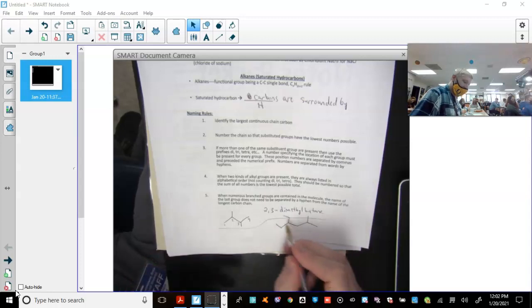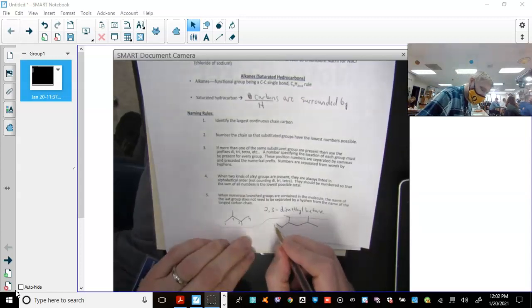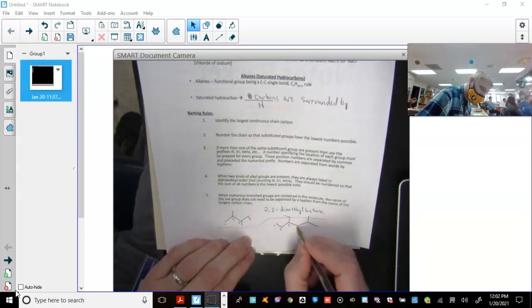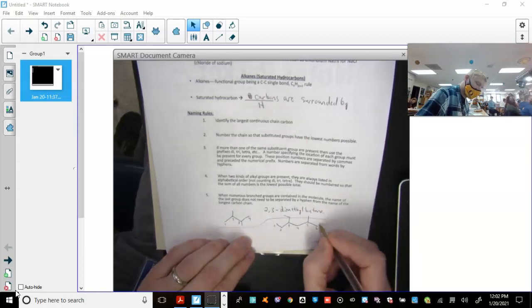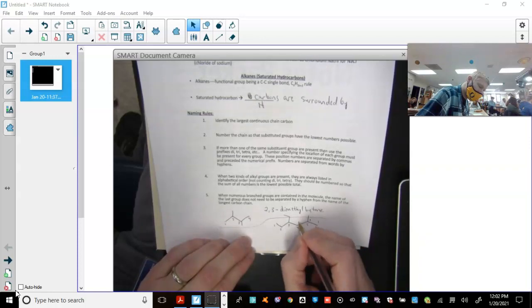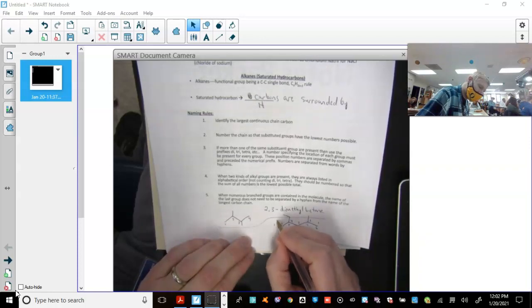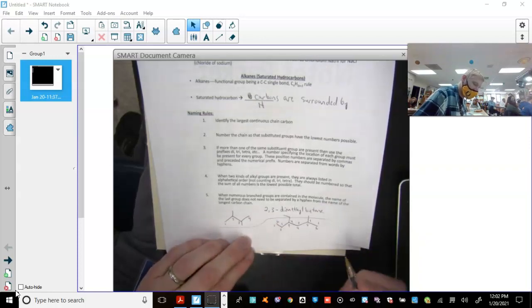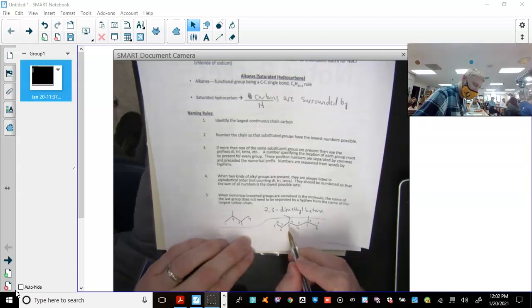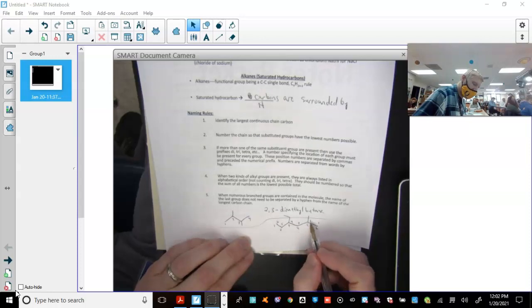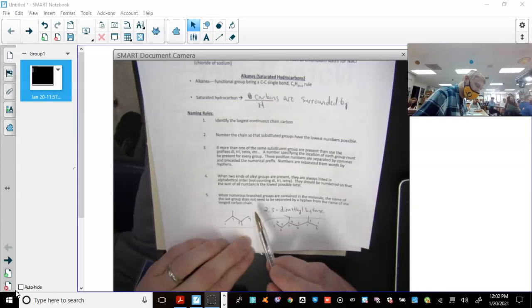So now we got a methyl and an ethyl. For the sake of visualizing, I'm going to count them, 1, 2, 3, 4, 5, 6. All right, so I've got 4 and 3, and 2 and 5.